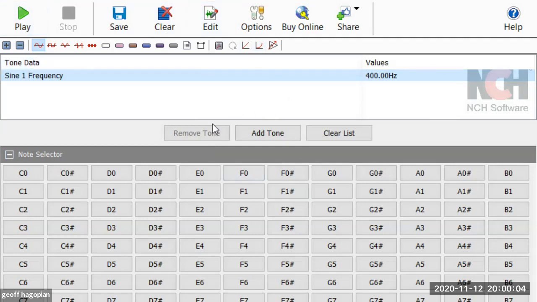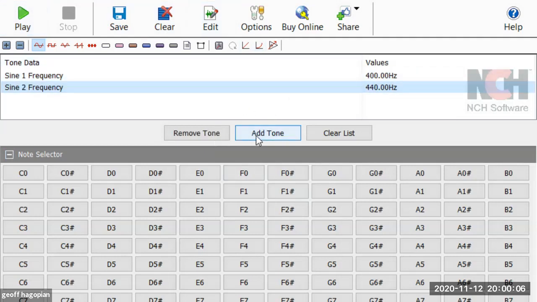Okay, so then I'm going to add another tone. I'm going to make it 440. I think that is the A below middle C. But I'm going to change this to an 800. That's an octave higher. So we're hearing both 400 hertz and 800 hertz.